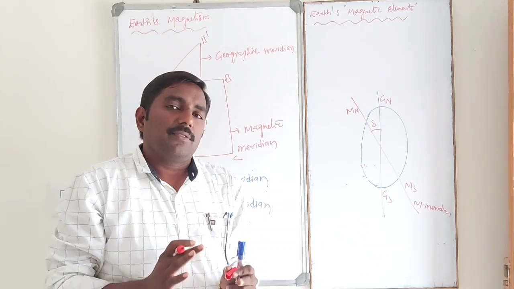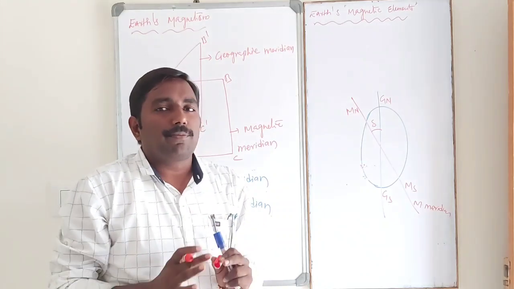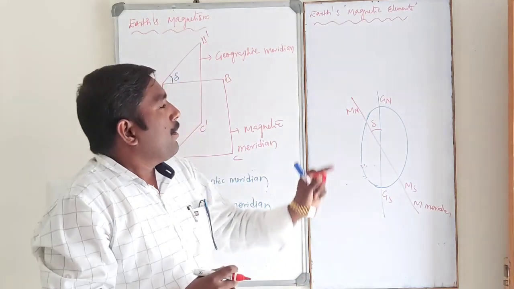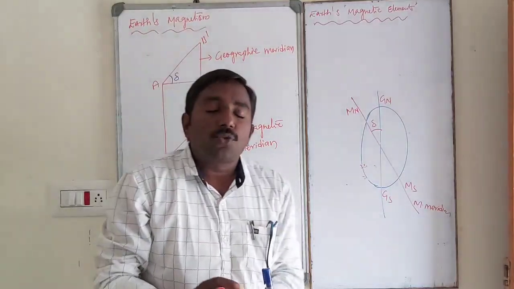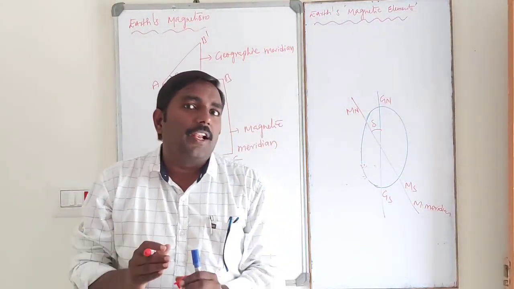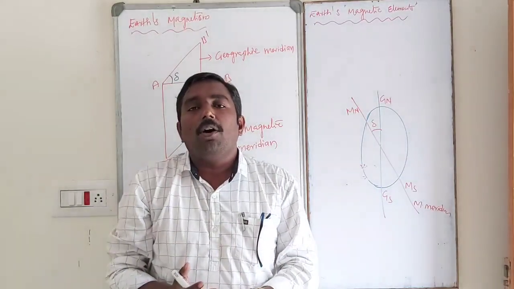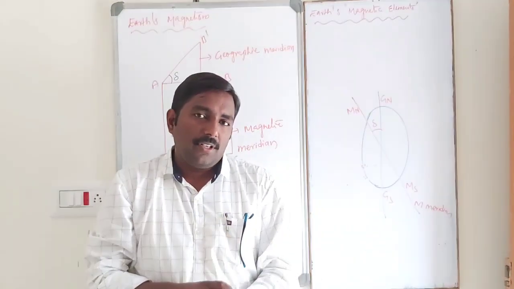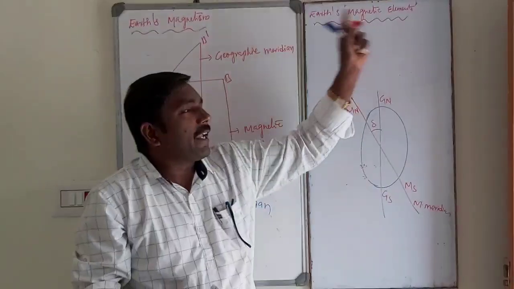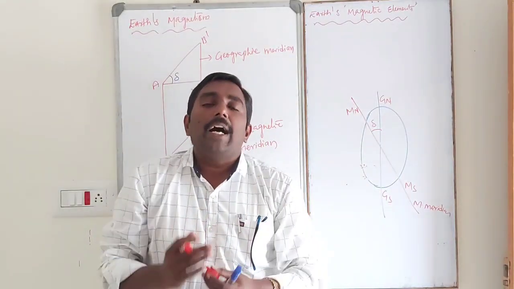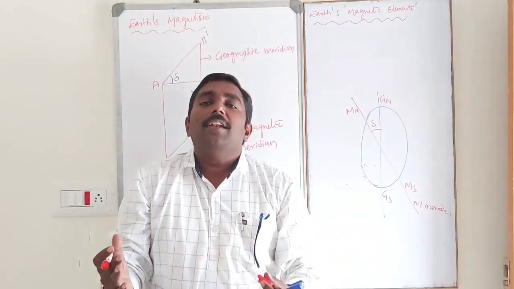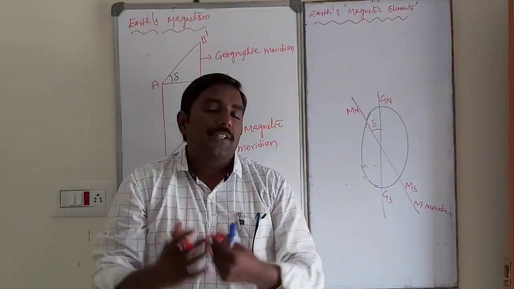Just 3 marks, very useful and very easy. Magnetic elements are used to describe the magnetic field at any point on the earth's surface, at different points.